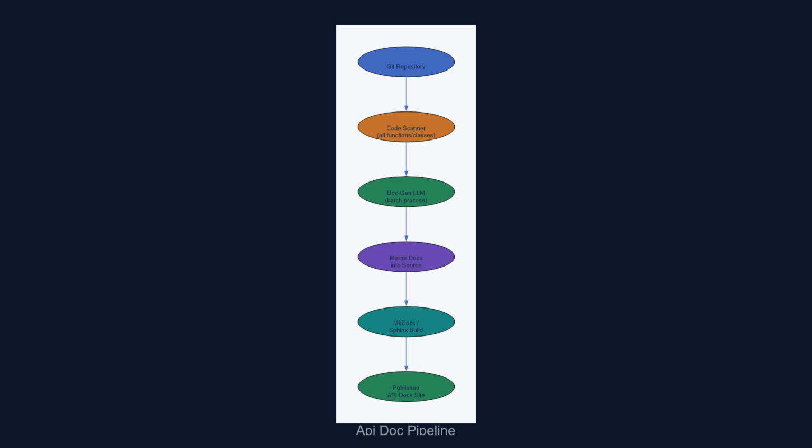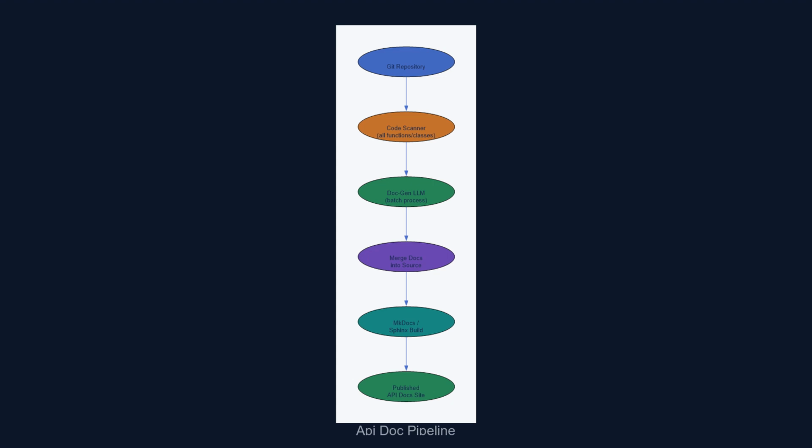This diagram shows how the documentation generator scales to an entire code base. It starts with your Git repository. A code scanner traverses every function and class, building a complete inventory. That inventory feeds into the DocGen LLM in batch, not one function at a time, but processed efficiently across the whole code base.